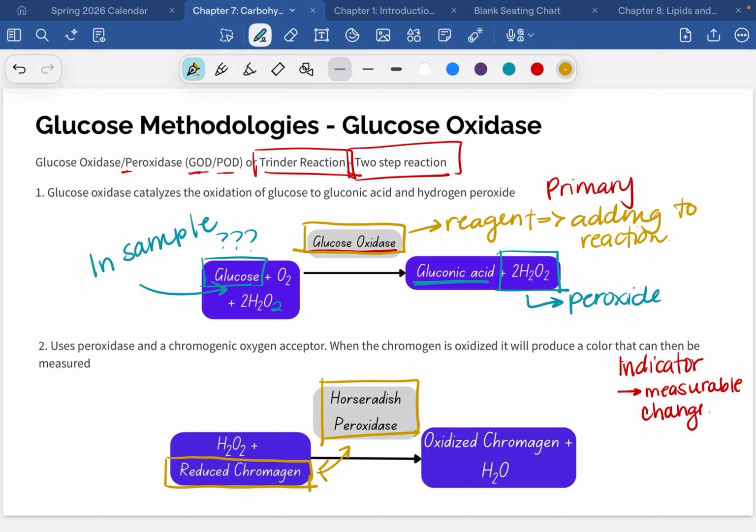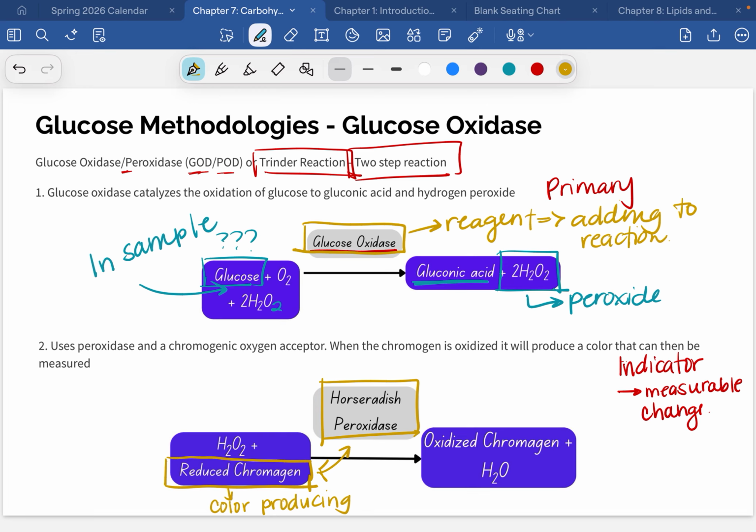We're adding a chromogen, which is a color-producing molecule, and we're adding it in its reduced state.